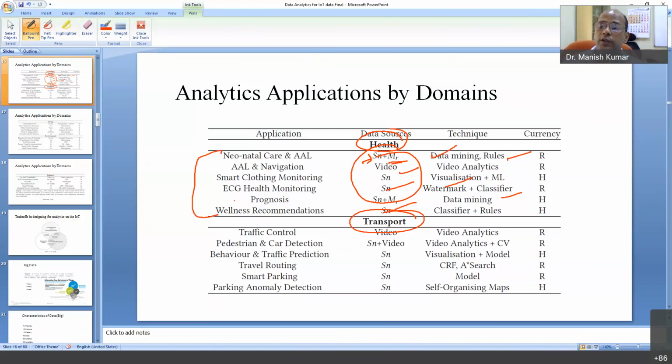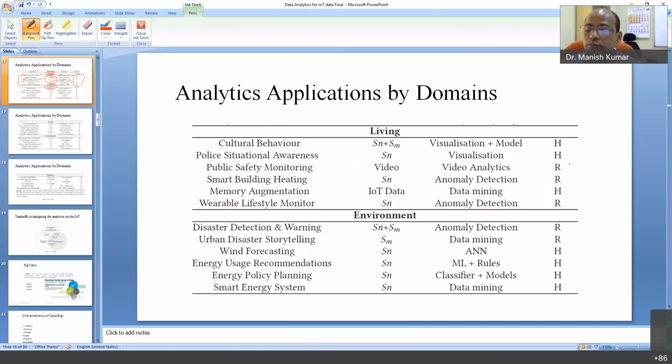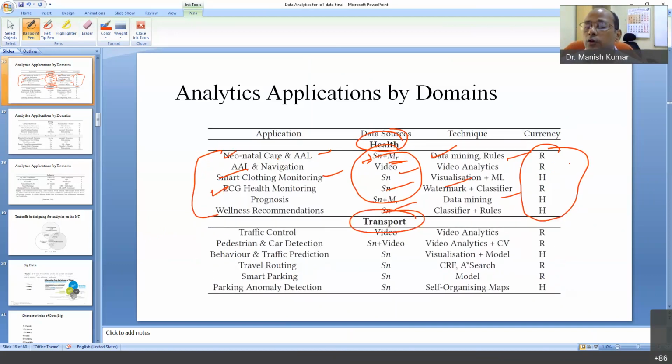As far as applications, you can see ECG health monitoring, neonatal care, and smart clothing monitoring, which have been used in some cases. Similarly in transport, video and sensors were used with different applications.